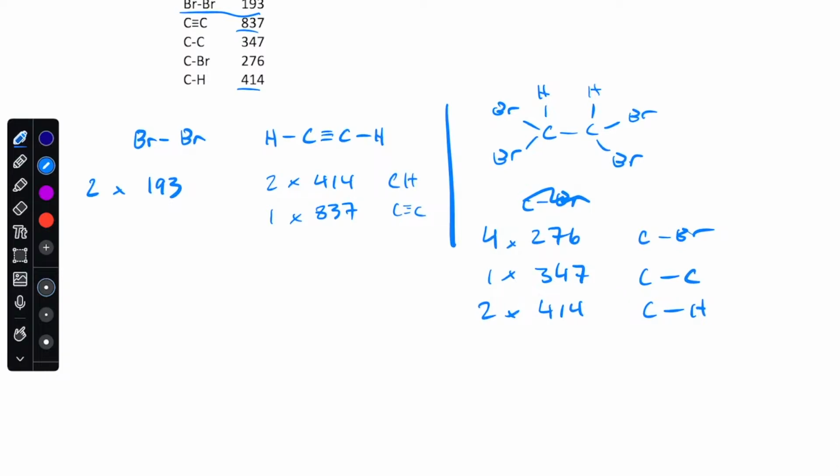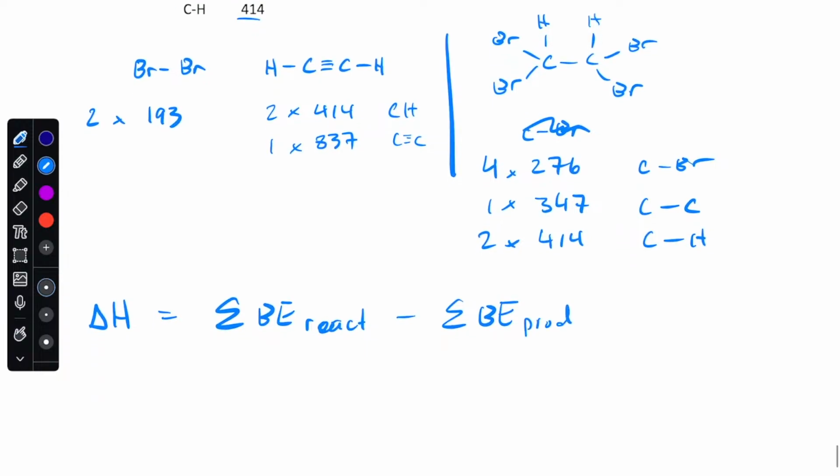And then we can say the overall delta H is the sum of the bond enthalpies for the reactants minus the sum of the bond enthalpies for the products.